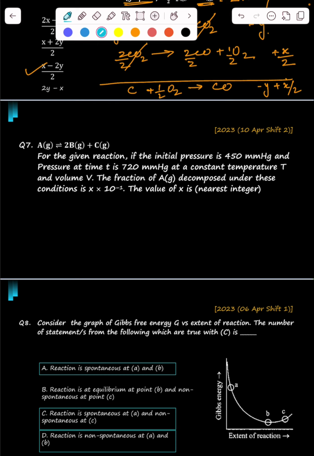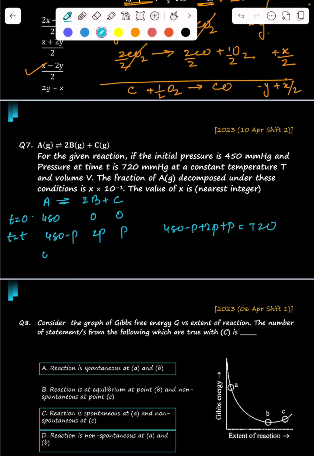So the fraction value of x निकालना है। Basically ये question इन्होंने इक्विलिब्रियम का दे दिया है, फिर भी चलो लेट्स डू इट। 2B plus C। तो इनिशियल में कितना प्रेशर दिया हुआ है, at t equal to 0 पर 450 दे रखा है, ये 0 है, ये 0 है। लेटर एट t टाइम पर ये कितना हो गया, 450 minus P हो गया है, this is 2P and that is P। और इन सब का सम करके दे रखा है 450 minus P plus 2P plus P, कितना दे रखा है 720। तो 450 plus 2P would be equal to 720.